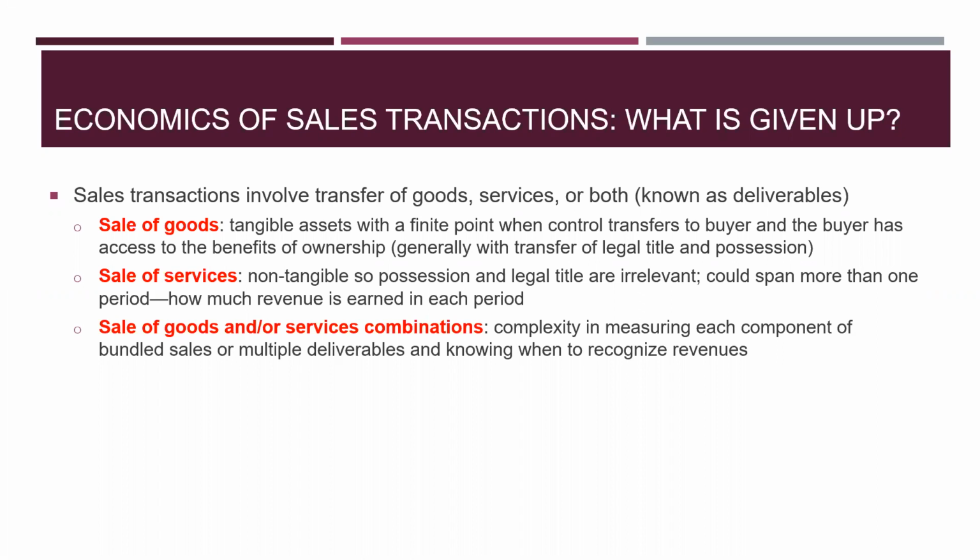So there is no legal title that transfers, and these can span over a period of time. Then you could have contracts or agreements where you have sales of goods as well as services as a combination. So the complexity in that sense is to measure each component of your bundle sales or multiple deliverables and knowing when to recognize the revenue.